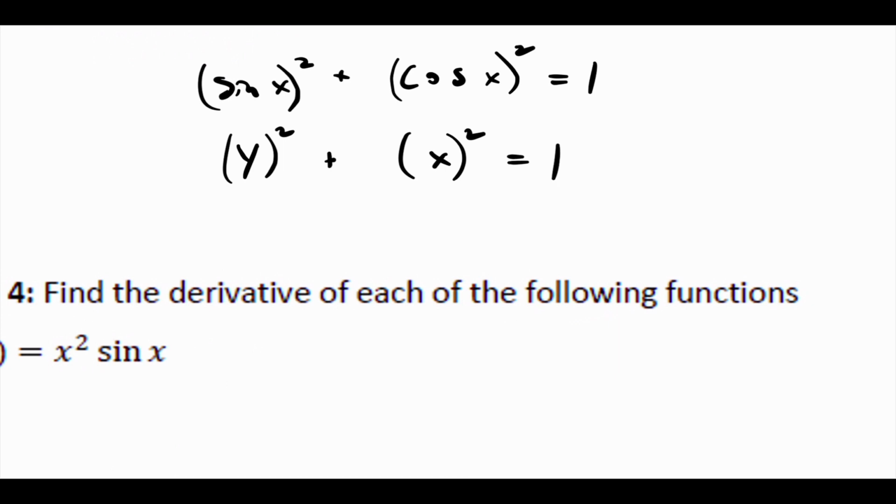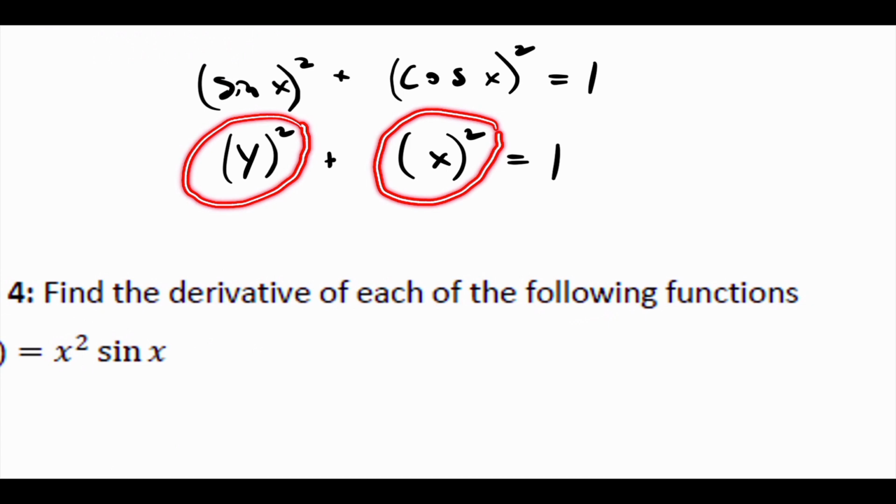The hypotenuse is always going to be 1. What does that look like when you're talking about right triangles? You learned it probably in 7th or 8th grade.